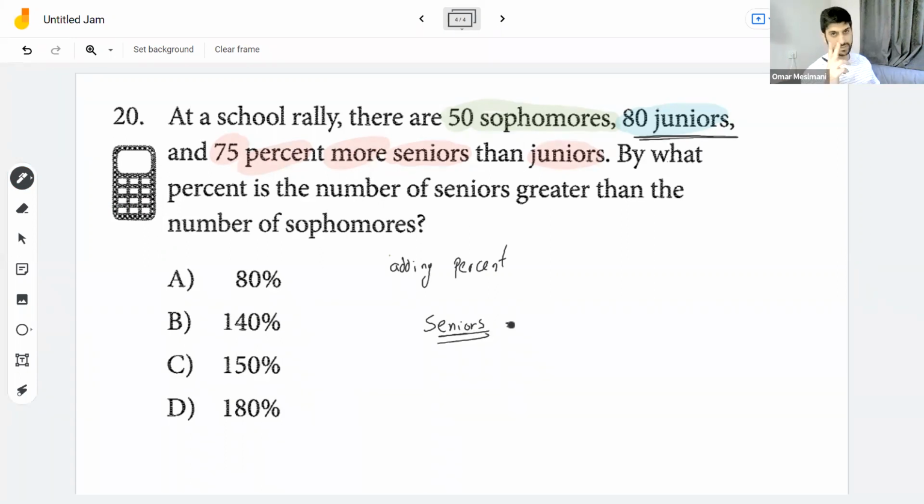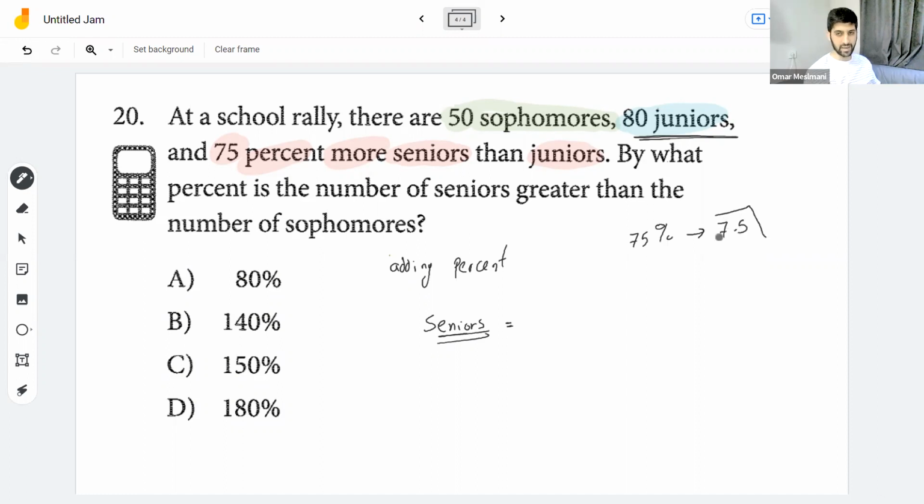There are two ways to calculate the number of seniors. Guys, 75% as a decimal, what is it as a decimal? It's 0.75. Sorry, my bad. 75% is 0.75.